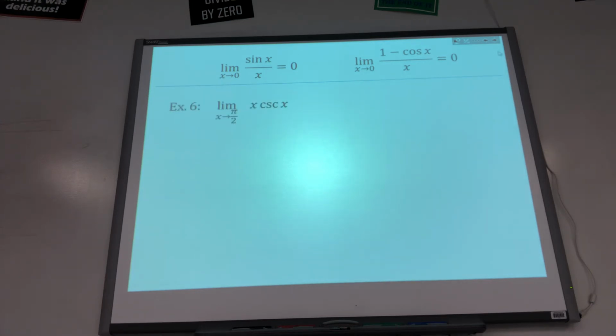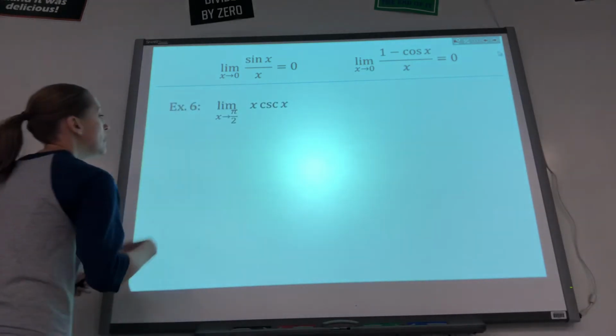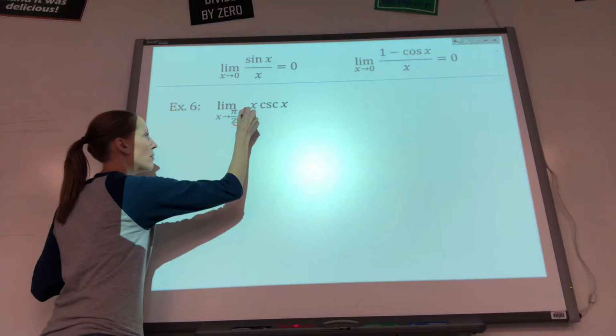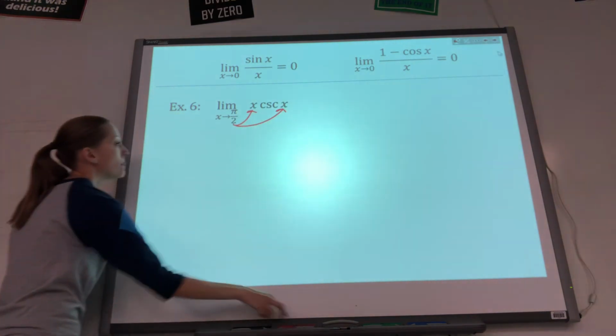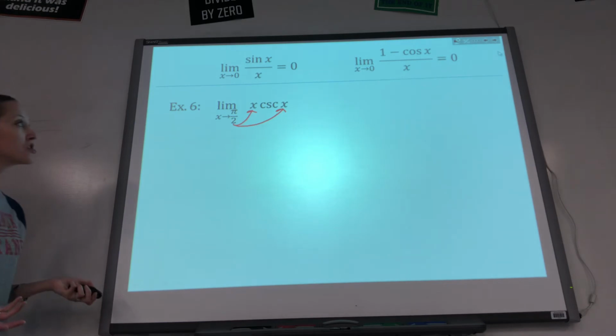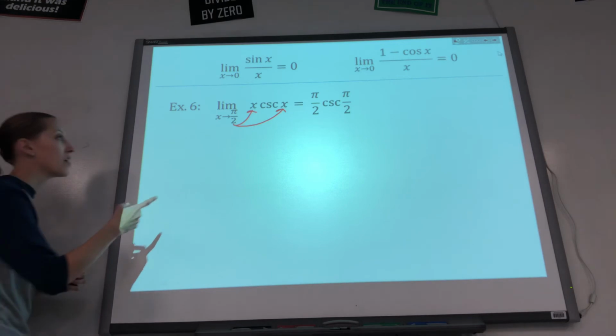Let's try the last one here. Number 6. The limit as x approaches pi over 2 of x cosecant of x. Well, first thing to do in any limit problem, plug in the value of x that you are approaching. And I don't really see any problem with this as long as everything works out okay.